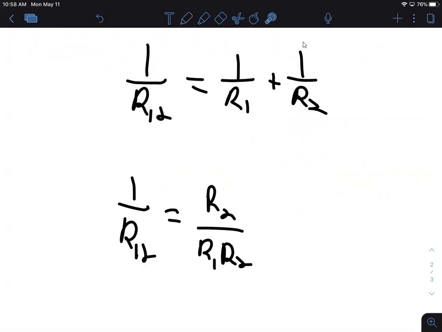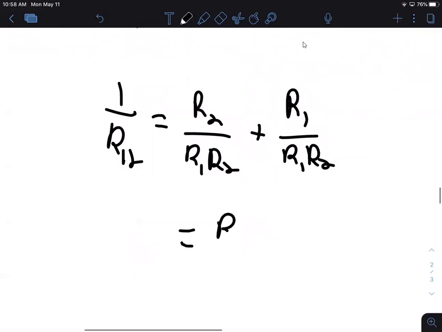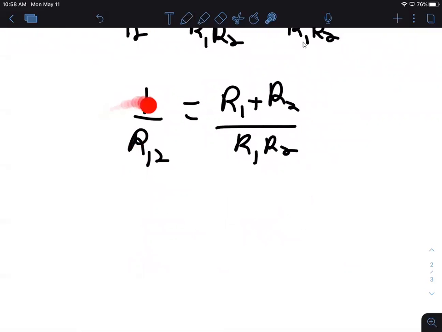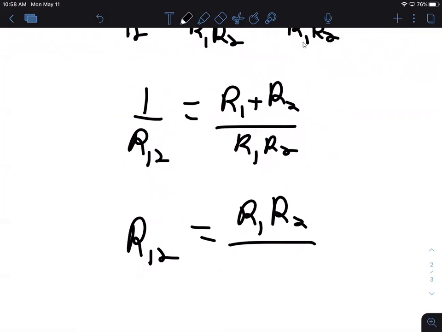So I just multiplied the top and bottom by R2, plus R1 over R1 R2. So here I just multiplied the top and the bottom by R1. And that gives me R1 plus R2 over R1 R2. Flip both sides. R12 equals R1 R2 over R1 plus R2.